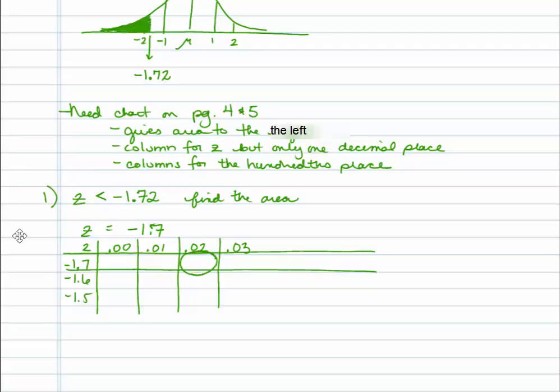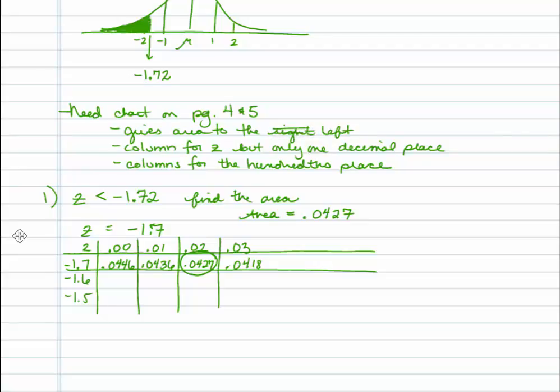So you want the one in this column. If I look at what it is, here is 0.0446, 0.0436, 0.0427. This one's 0.0418. Your answer for this one would be that the area equals 0.0427.